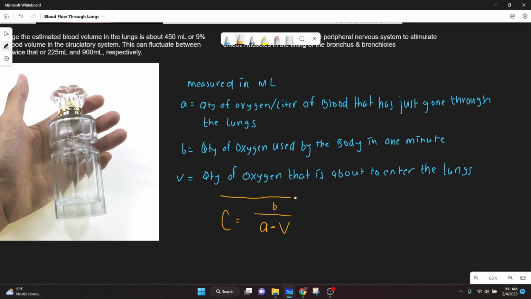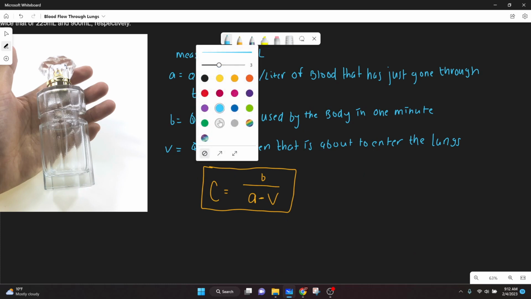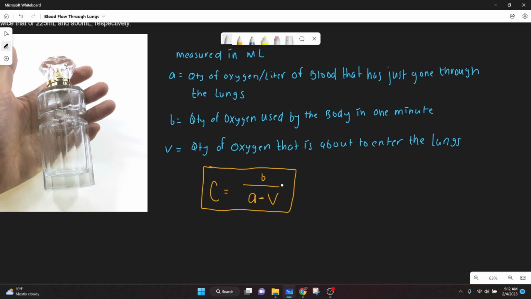And so here we have an equation. But we are curious how the amount of blood pumped through the lungs changes when we change one of these variables and keep the other constant. So let us assume that A has increased by 1 unit, 1 milliliter.